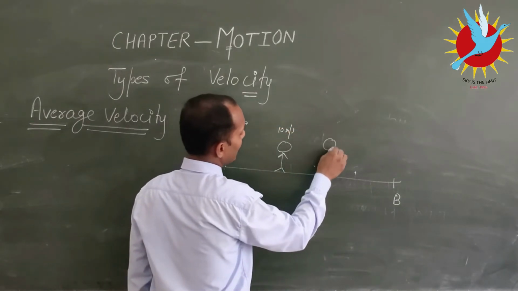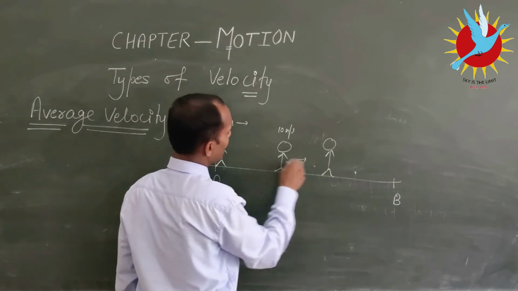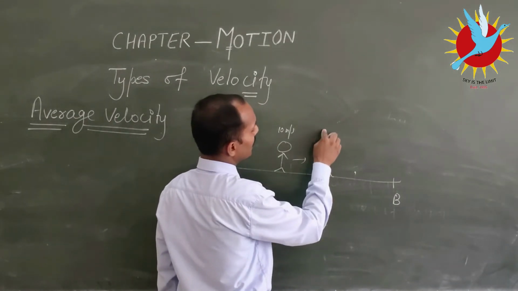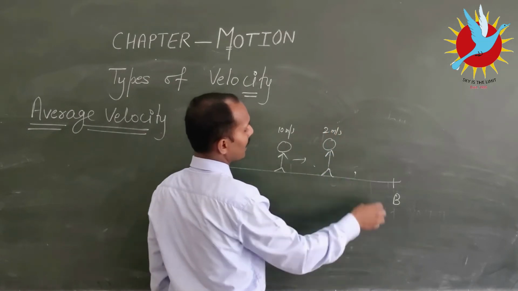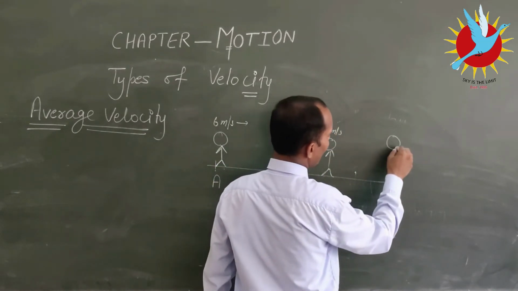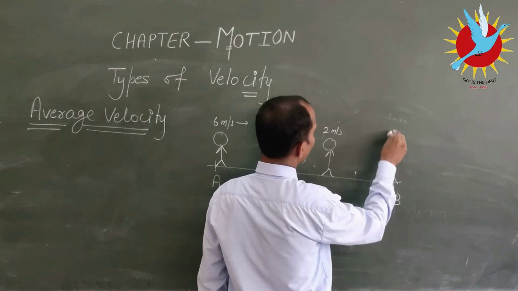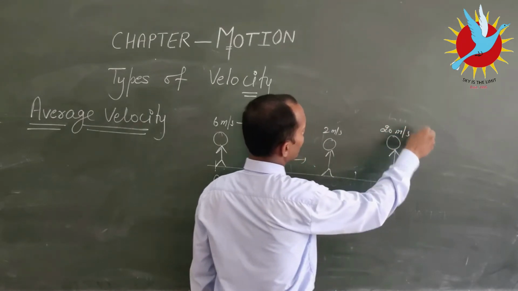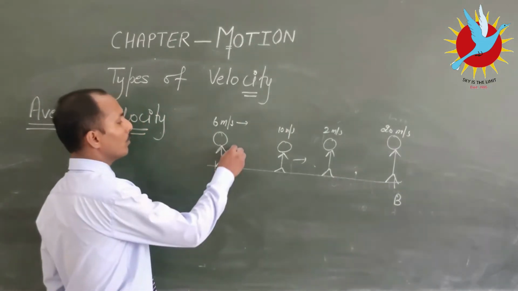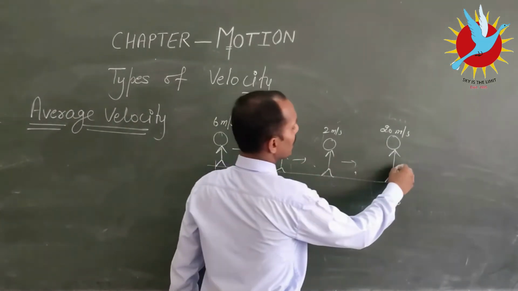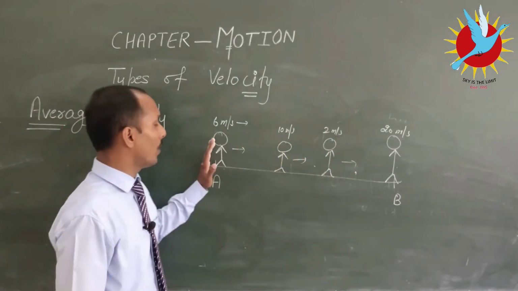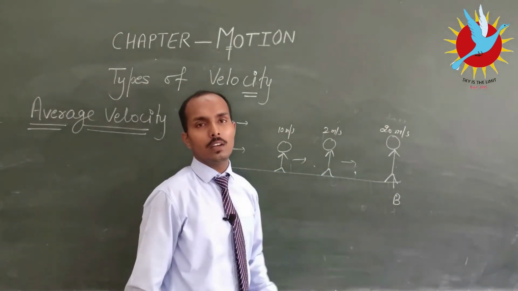Then it becomes 2 meters per second, and finally your speed increases to 20 meters per second. So when moving from A to B, you have different velocities.